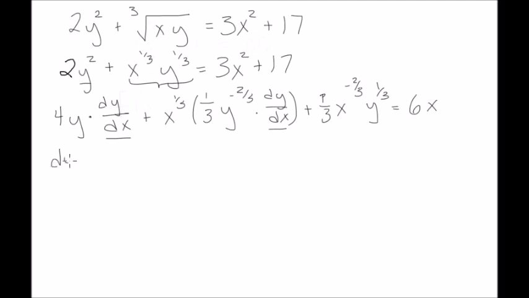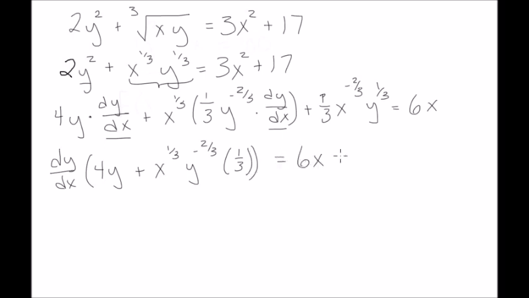So I get dy dx times 4y plus 1/3 x to the 1/3 y to the negative 2/3 equals 6x minus 1/3 x to the negative 2/3 y to the 1/3.